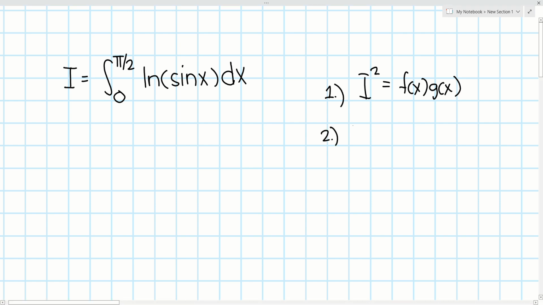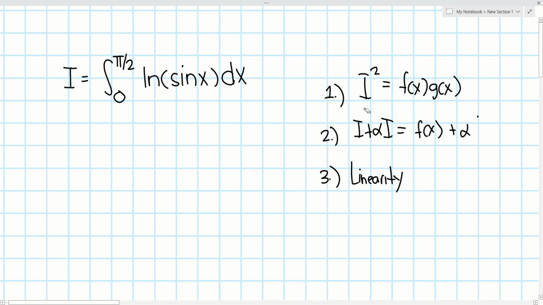Another thing is that you could do addition: you add a function g of x that is linearly related to your original integral. Another useful technique in evaluating these types of integrals is abusing the linearity property of the integral.